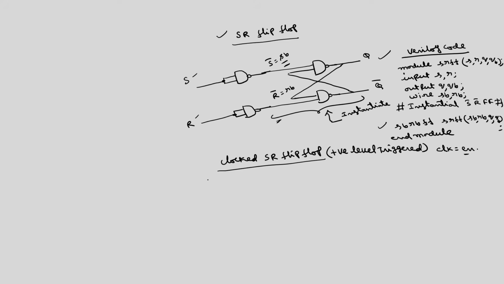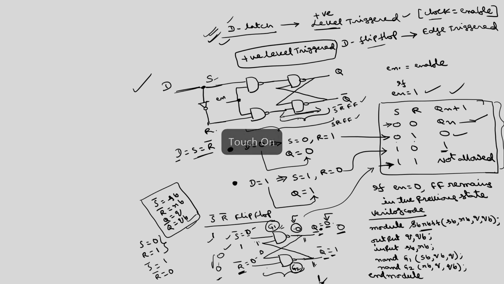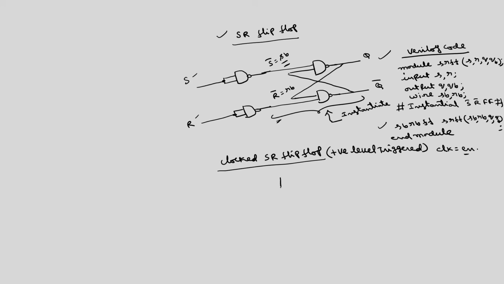Of course, you have already drawn the circuit diagram. I will write the Verilog code directly. This is the same circuit diagram except for this NOT gate. Here we will have the clock signal or enable signal, then you have S, you have R, and the remaining circuitry is the same as the S bar R bar flip flop.